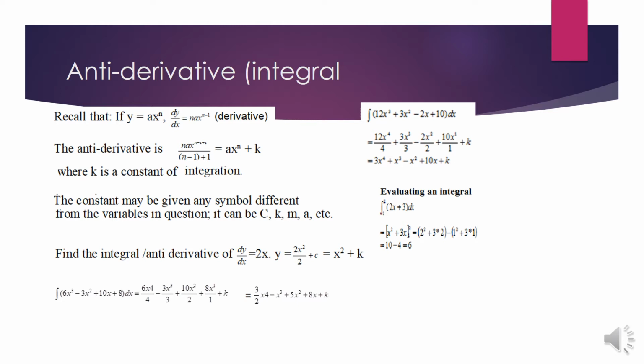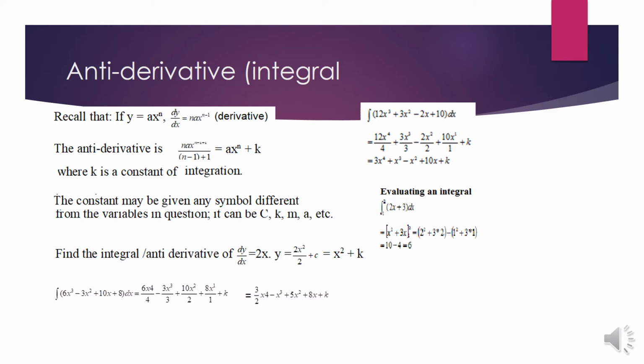This one has the lower limit and the upper limit. E.g., this is telling us to integrate this function from 1 to 2. We are accumulating from 1 to 2.